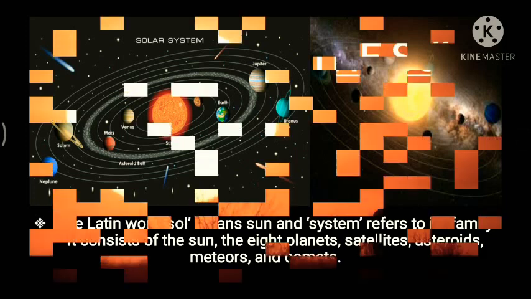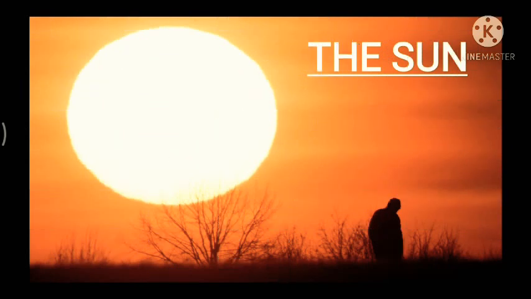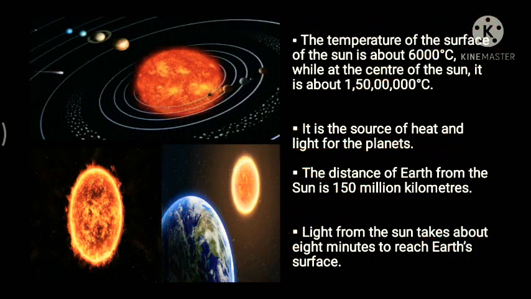So first up we have the sun. Now the sun lies right at the center of the solar system, as you can see in the picture. It's the largest member of the solar system. The gravitational pull of the sun holds the other members of the solar system in particular places.